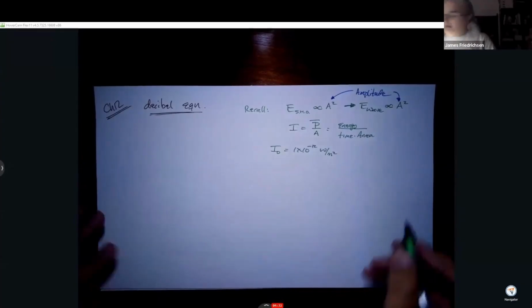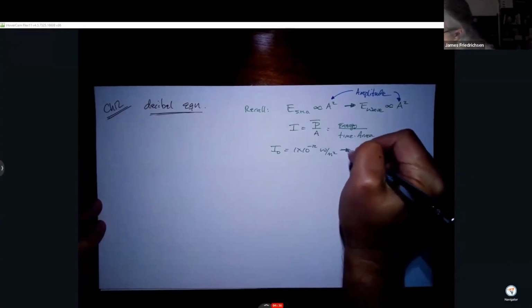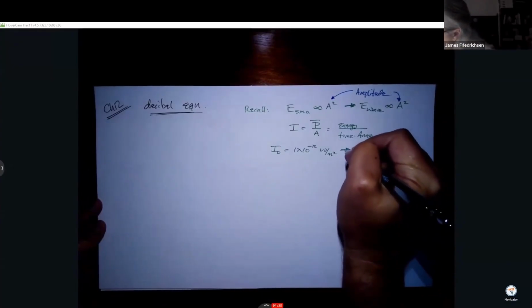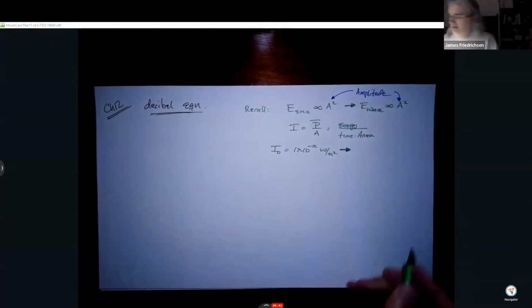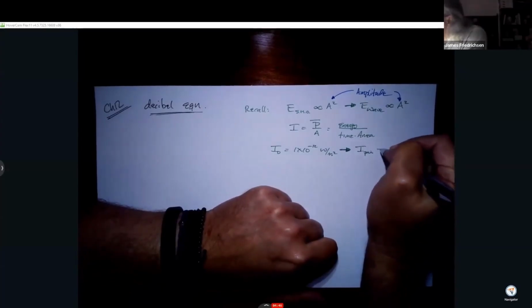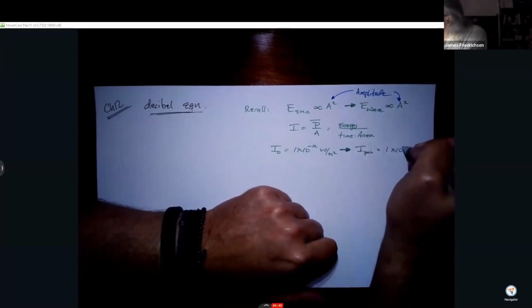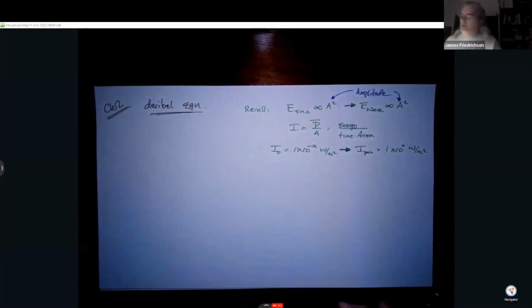And then this went up to the threshold of pain. And now it goes beyond this. I always worry that this implies this is the top value, but it is not. The threshold of pain is at 1 times 10 to the 0 watts per meter squared, 1.